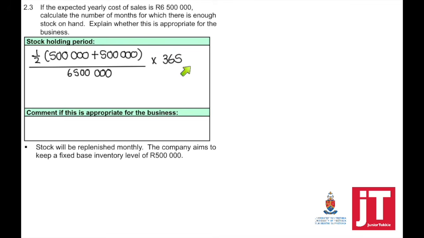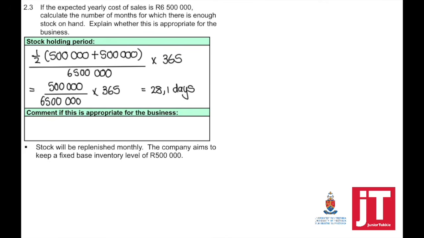That means we're going to times that by 365. So again, if you take 500,000 plus 500,000 divided by 2, it equals 500,000, divided by the cost of sales times 365 equals 28.1 days. So this is my stock holding period.